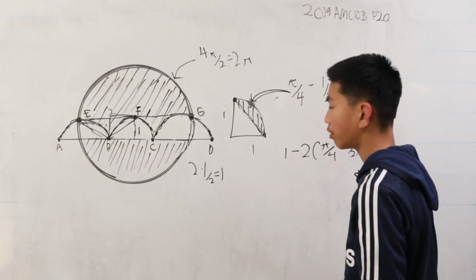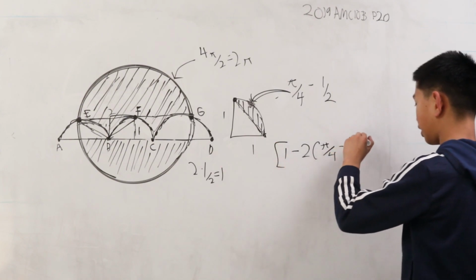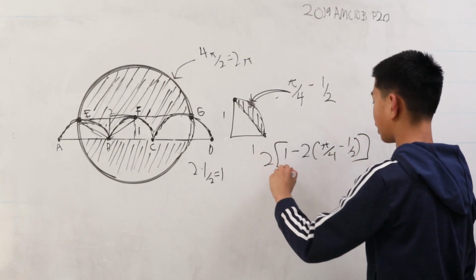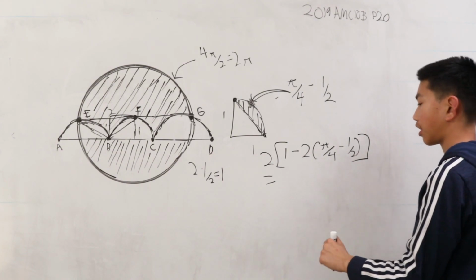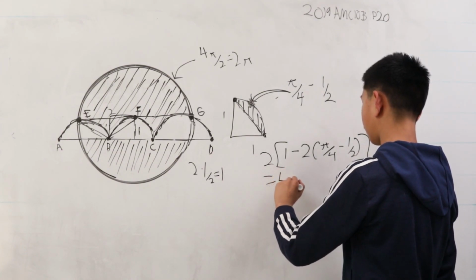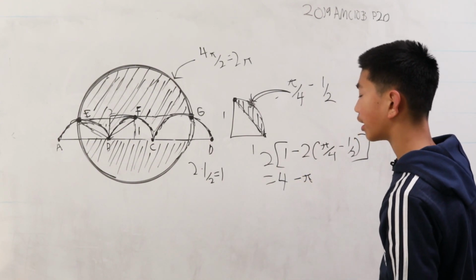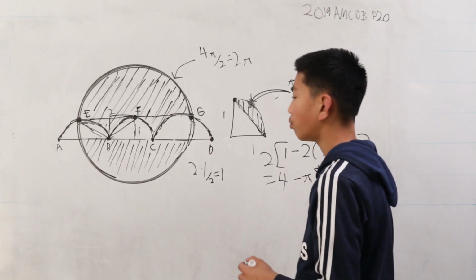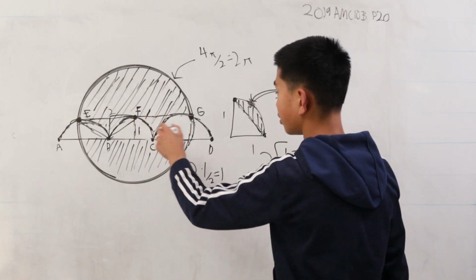But we notice there are 2 of these triangles, so we multiply by 2. When we add and subtract, we get that this is 4 minus pi. Okay, now we've tackled these 2 sections.